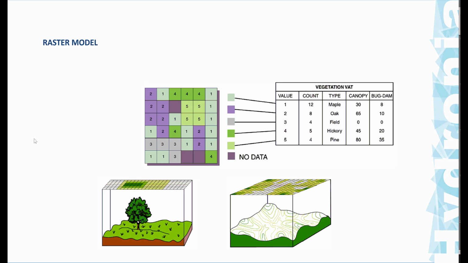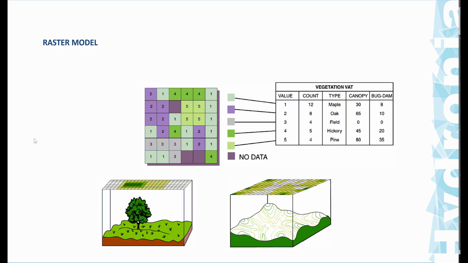The model does not necessarily have an attribute table associated with each cell or pixel, as is the case of the vector model. We should not confuse the raster model with a grid, which is a vector layer that emulates a raster, and therefore has an attribute table. And remember, in the raster model, there is no attribute table.